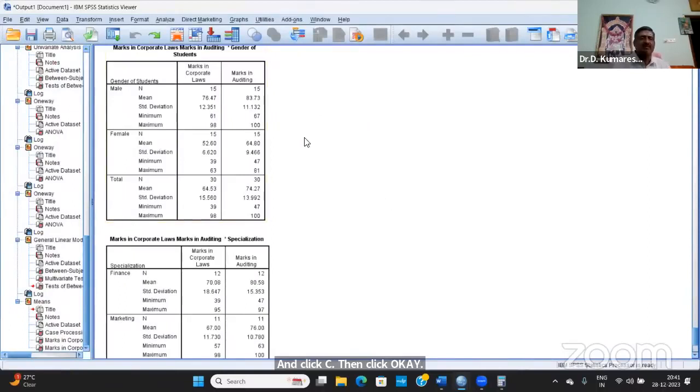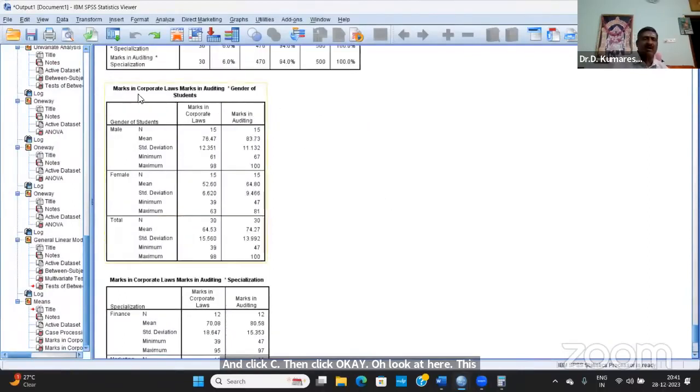This comparison is about the marks and gender. Marks and gender. So corporate law and auditing. Now look at male. Mean score 76.47 in corporate law. Girls 52.60.